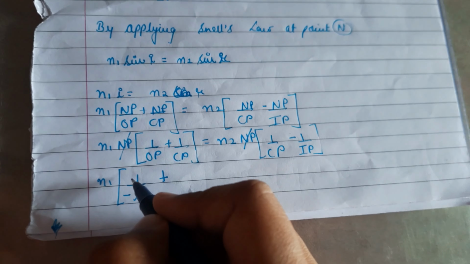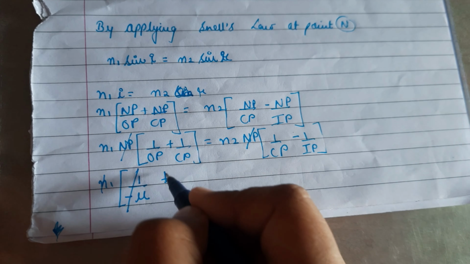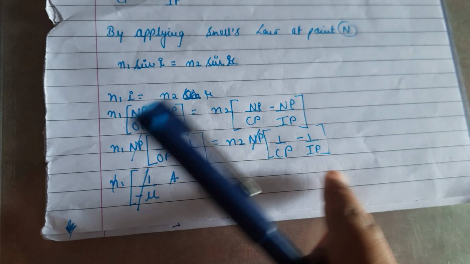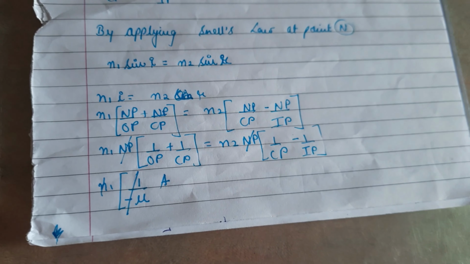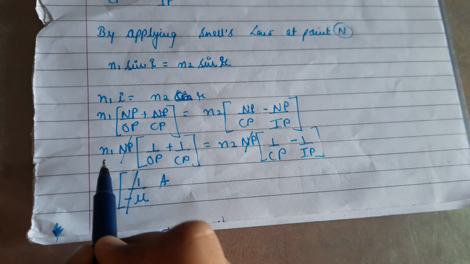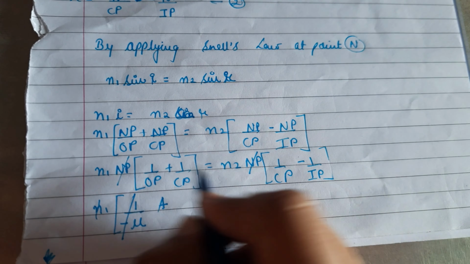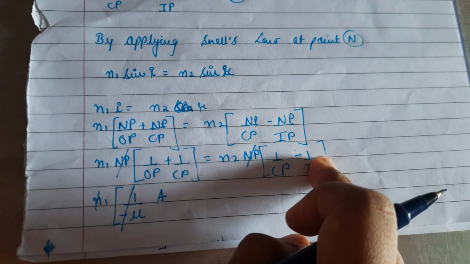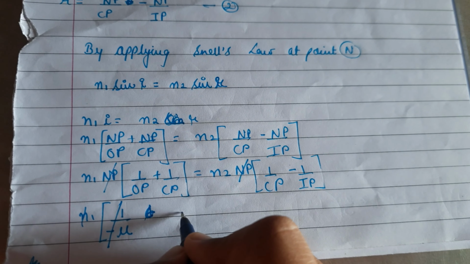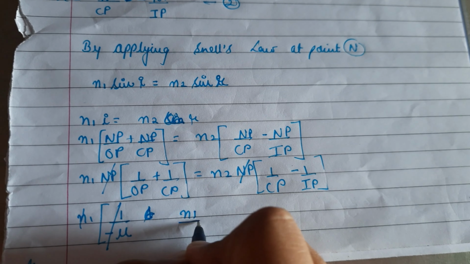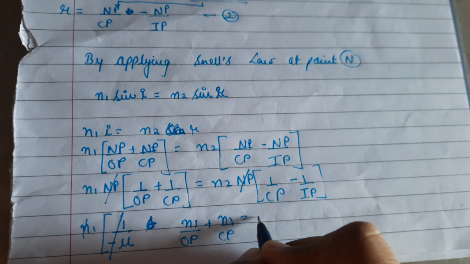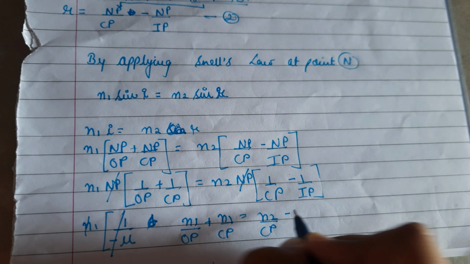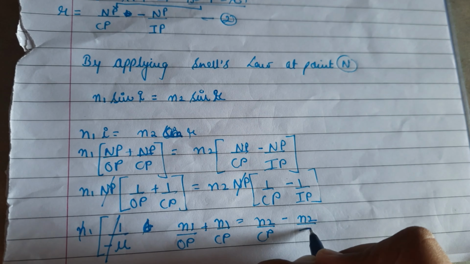Okay, sorry. Before putting the values, we'll just equate them, because we can see CP is common, so we have to equate it. So we will multiply n1 and n2 with these two terms. By doing that we get n1 by OP plus n1 by CP equals n2 by CP minus n2 by IP.